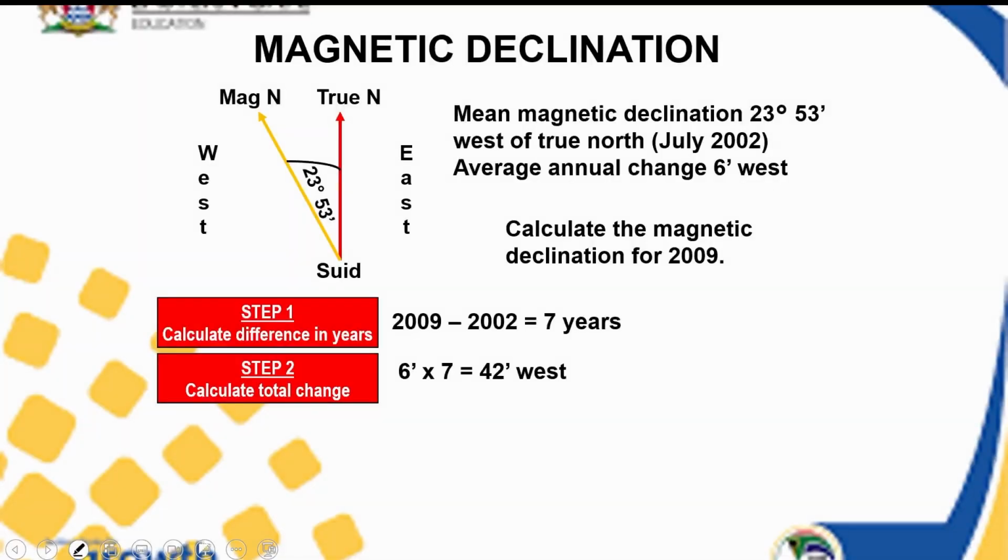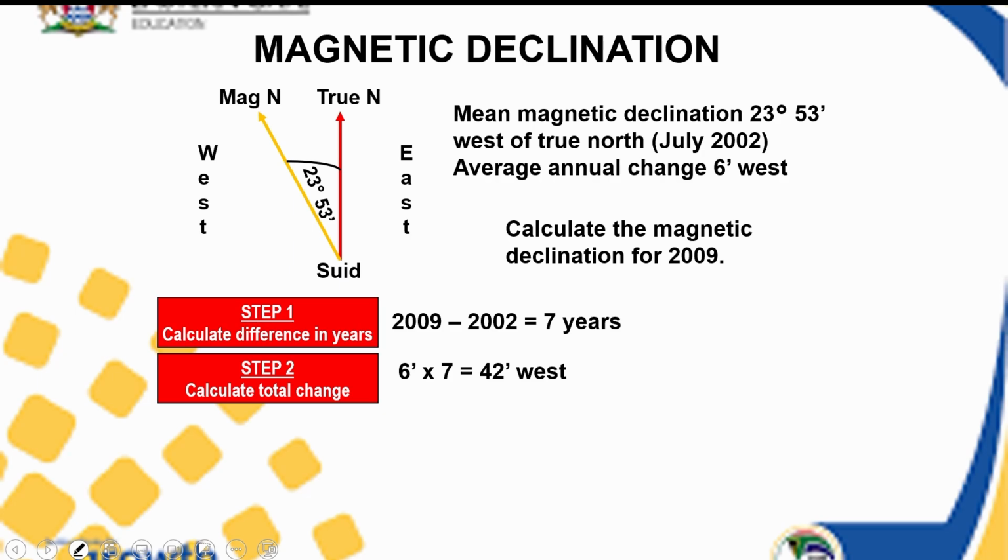Now, for instance, we've got here a question where you were asked to calculate a magnetic declination for 2009. The information given on a map was that magnetic declination was 23 degrees 53 minutes west of the true north in July 2002.